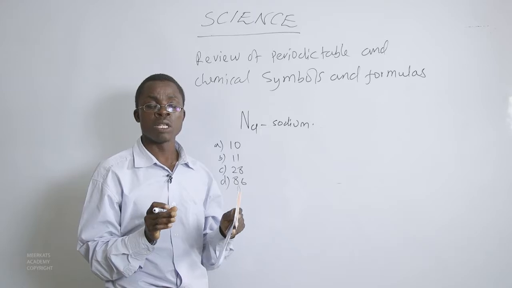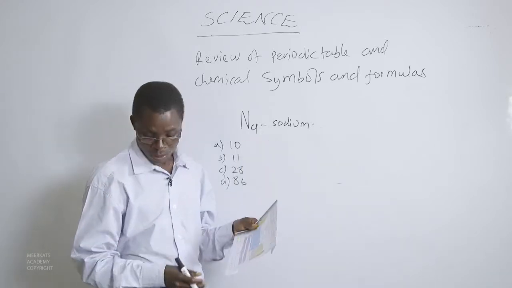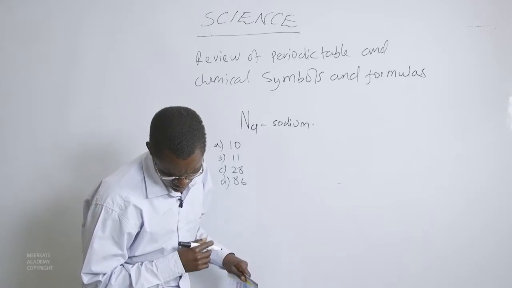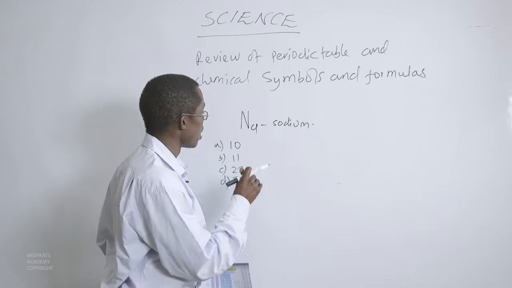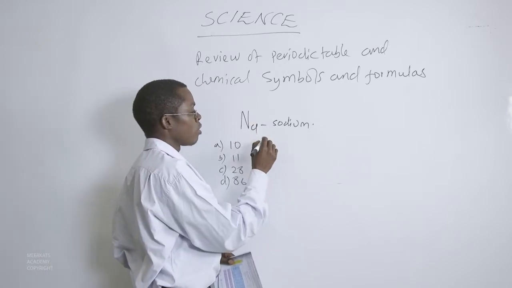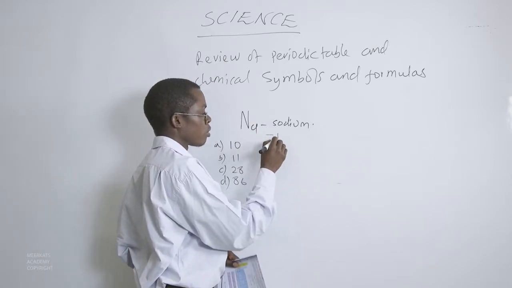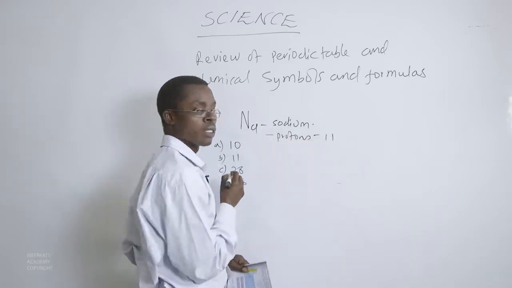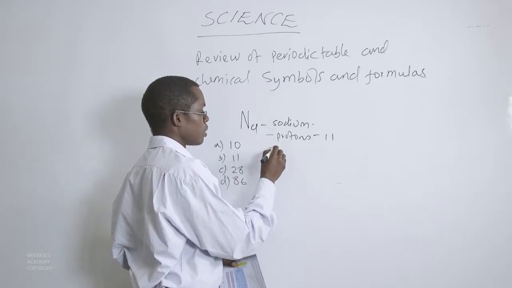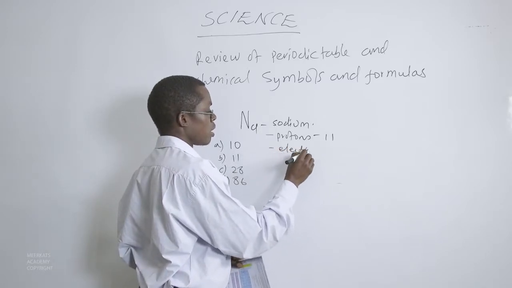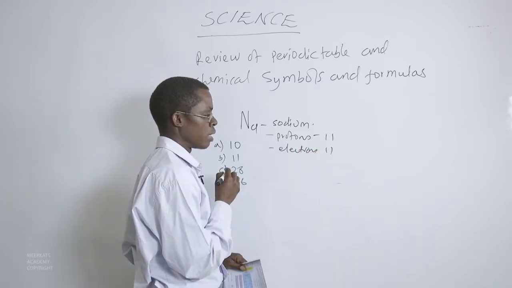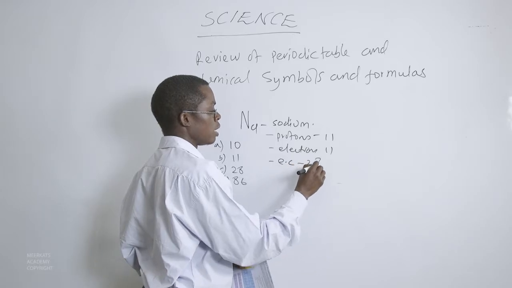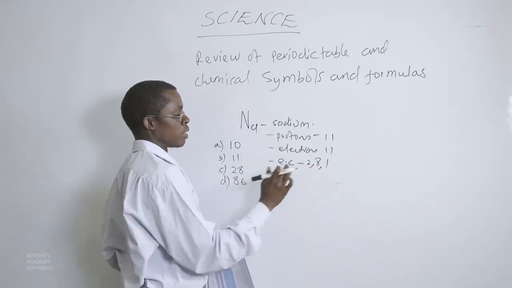And since I believe that you must have this knowledge, we can now get the atomic number by using that format of, let's identify the number of protons. So protons are 11. Electrons are therefore 11, meaning that electronic configuration is 2, 8, 1, total 11.